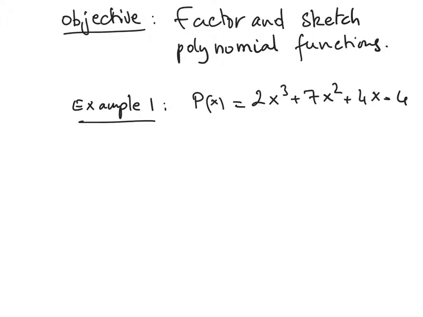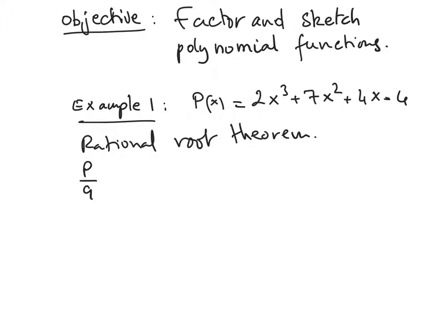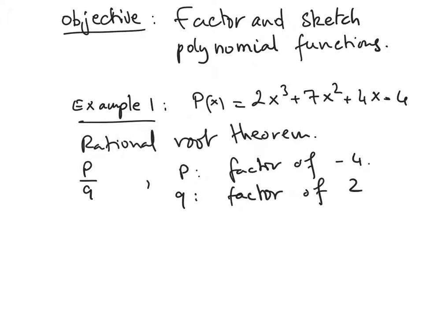So one way to start this problem is to use what we call the rational root theorem, which states that if the polynomial has rational zeros, they will be equal to p over q, where p is any factor of the constant term minus 4 and q is any factor of the leading coefficient 2. So this is the constant term and this is the leading coefficient.